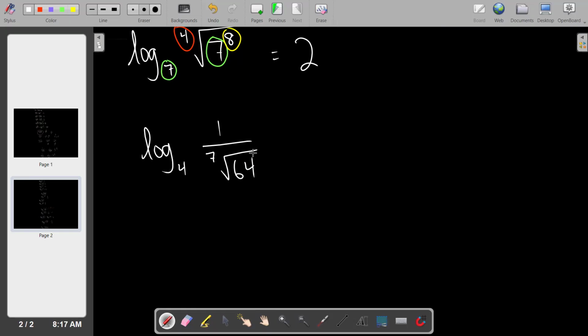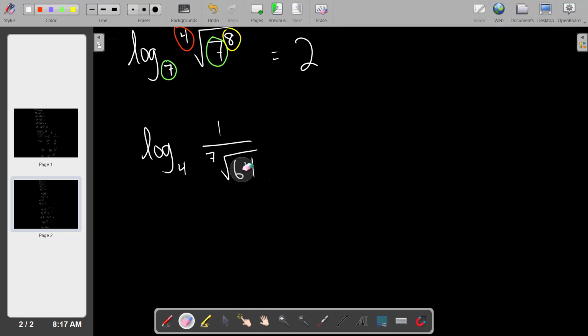What is 64? It's several different things, by the way. It is 8 squared. Am I interested? No, because that base is not an 8, it's a 4. It's also 2 to the 6th power. Am I interested? No. Which one am I interested in? It's 4 cubed. I have my pick, but I'm not going to just pick willy-nilly.